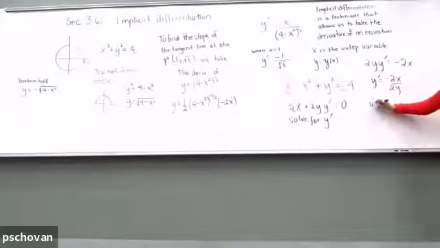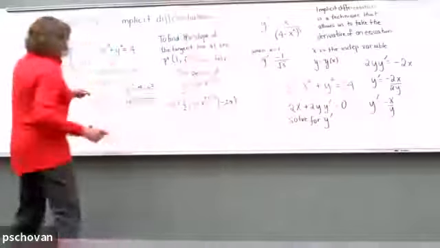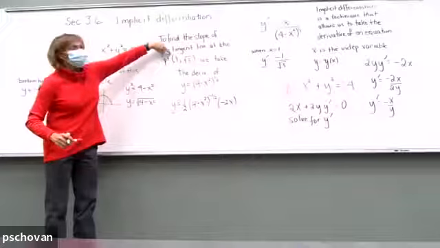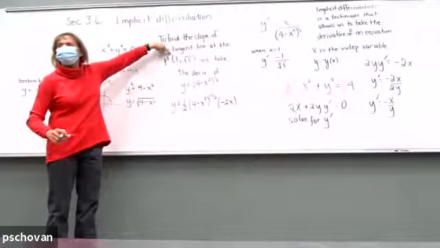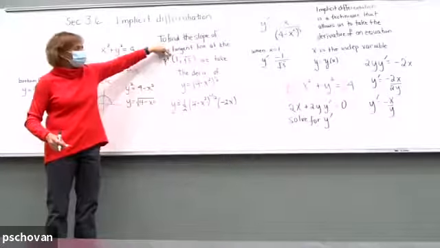And the 2's will cancel. We get that y prime is minus x over y. And then that still represents the slope of the tangent line. So if I want to find the slope of the tangent line at that point, I put 1 in for x, square root of 3 in for y, and we get the same thing. 1 over square root of 3 with the minus sign in front of it.